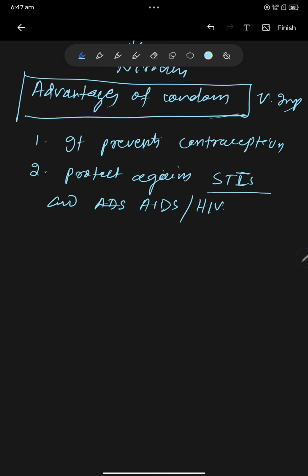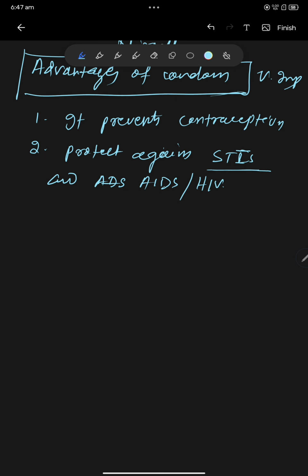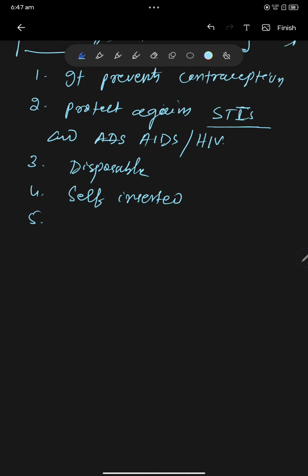This protects the person from getting infected by sexually transmitted diseases. Then the third one is that it is disposable and needs no help of any doctor or nurse. It is self-inserted and provides privacy.